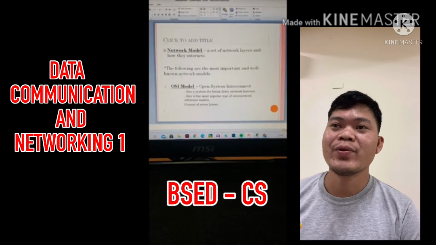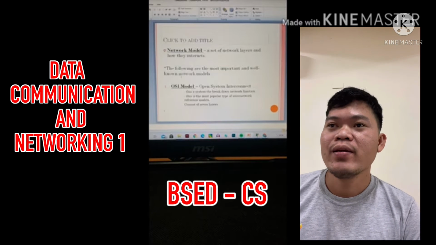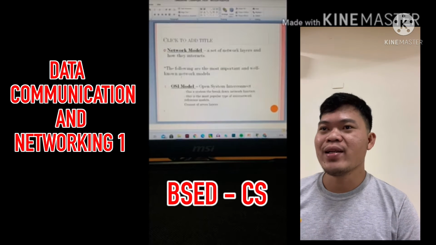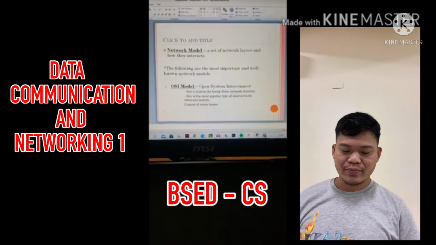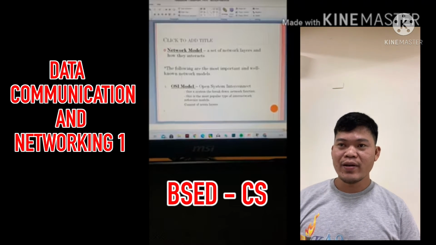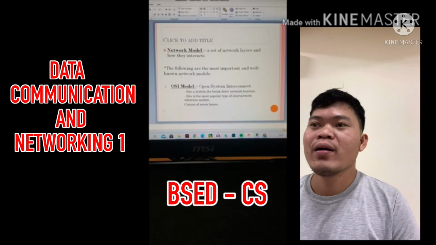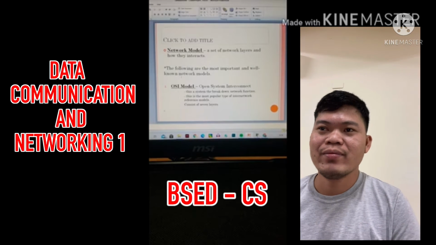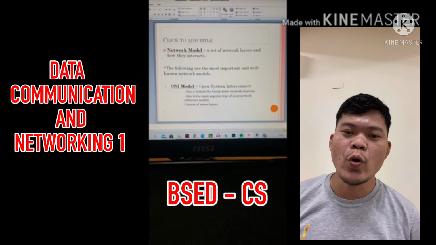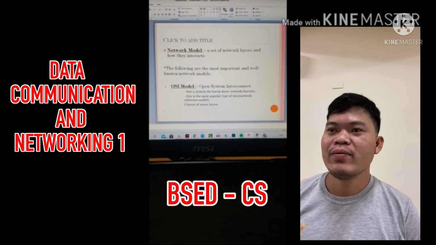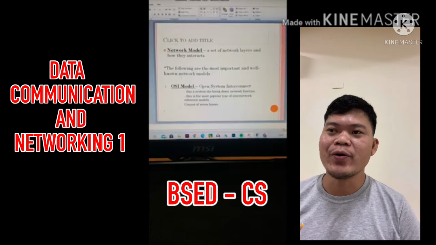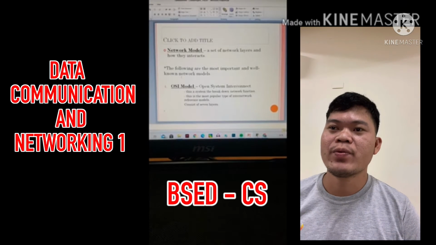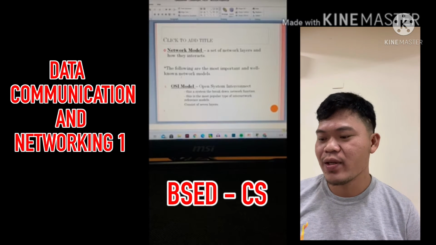Now we have the network model. What is a network model? A network model is a set of network layers and how they interact. The following are the most important and well-known network models. We have the OSI model, or Open System Interconnect. This is the breakdown of network functions. It is the most popular type of internetwork reference model and consists of 7 layers.